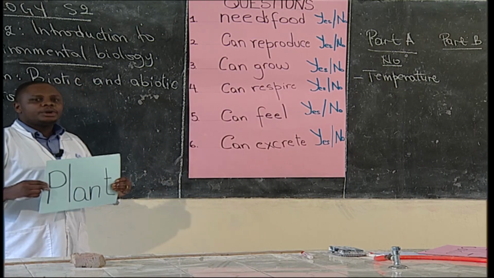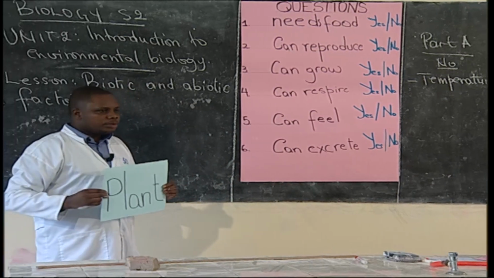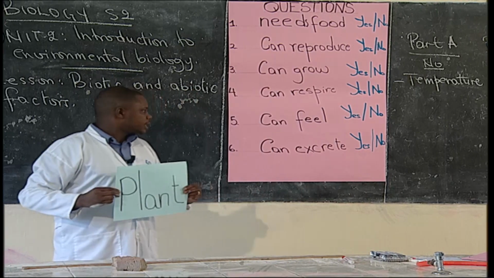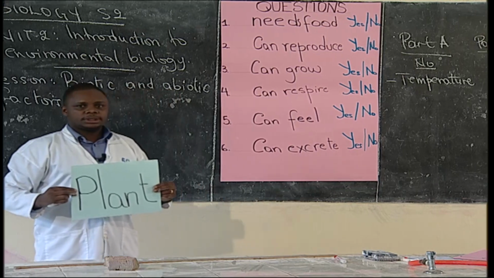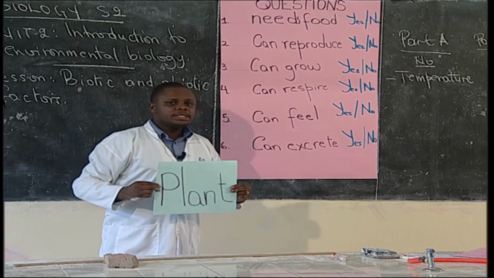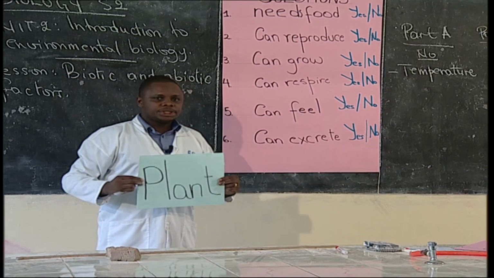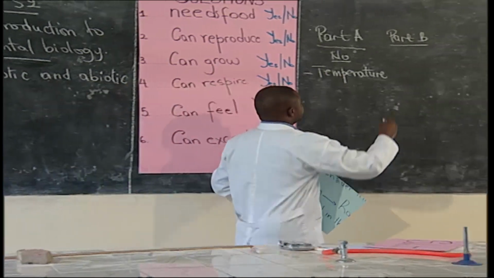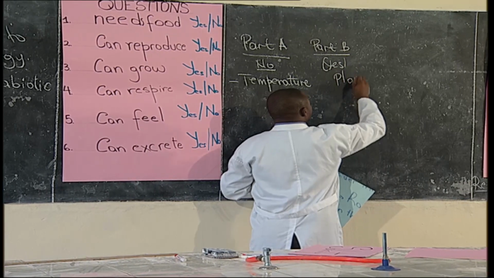Does it reproduce? Yes. Can it grow? Yes. Can it respire? Yes. Can it feel the environment, whether it is hot or cold? Yes. Can it excrete? That means removing excess or unneeded waste materials? Yes. Part B is yes, and here we have plant.